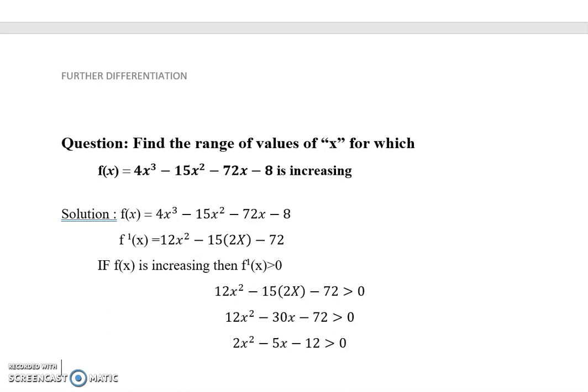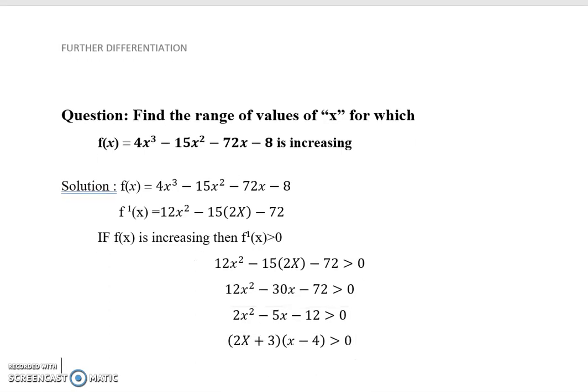So if I factorize it, I hope all of you know how to factorize this equation. Once I factorize it, I get the equation 2x plus 3 times x minus 4, which is greater than 0.